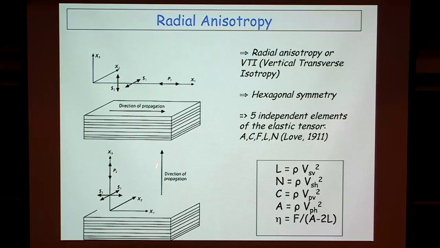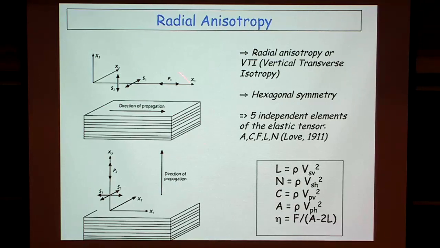If you have layers of material with different properties, you're going to have a different velocity going in this direction than if the waves propagate in that direction. So depending on your direction of propagation, we need to describe the velocities in each of these directions and in intermediate directions of propagation.